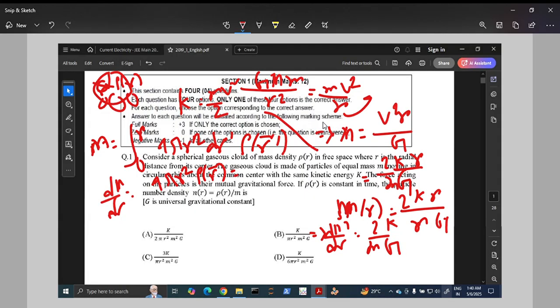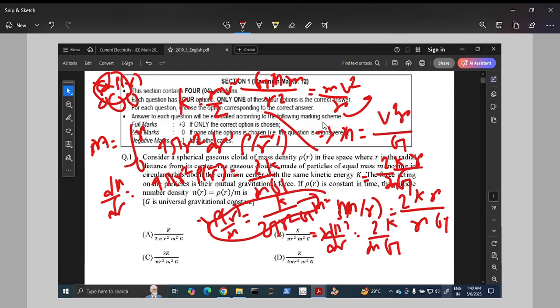So 4 pi r squared rho(r) equals 2K by m G, and I have to find out rho(r) by m. So rho(r) by m is equal to K by 2 pi r squared into G by m squared, from this equation.